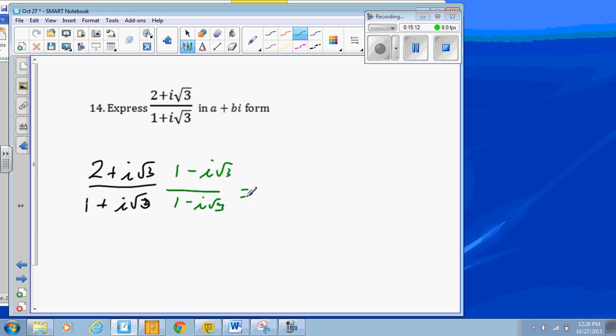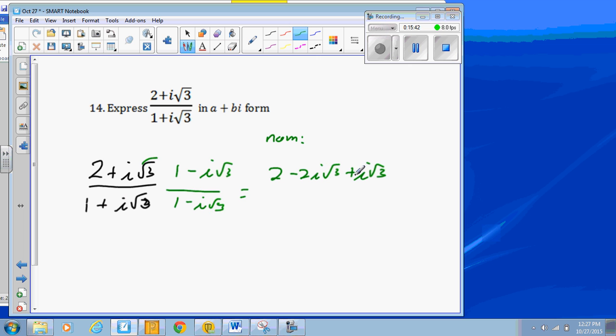And now I'm going to do two things. First, I'm going to do the numerator. That's going to be 2 times 1, that's 2. 2 times negative I square root of 3 is minus 2I square root 3. Then the inside is going to be 1 times I square root of 3, so plus I square root of 3.